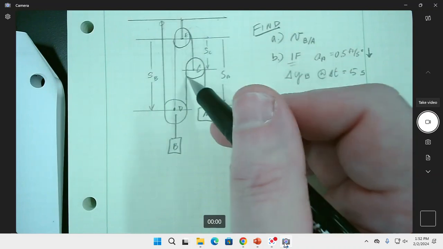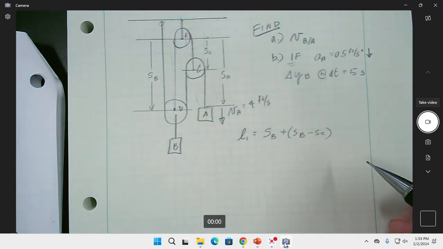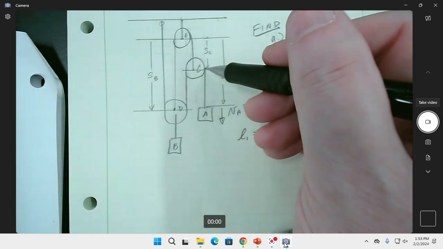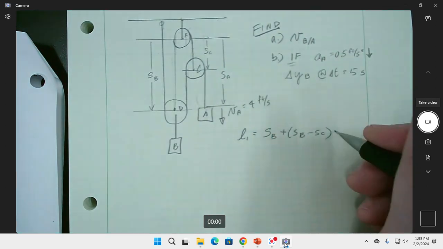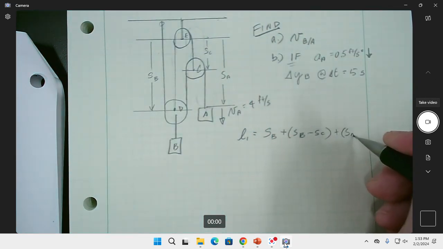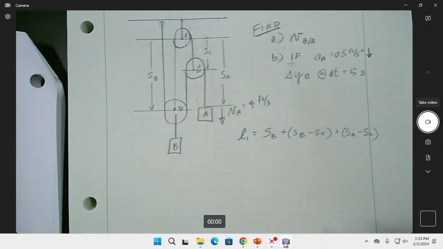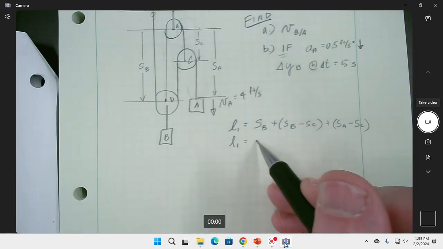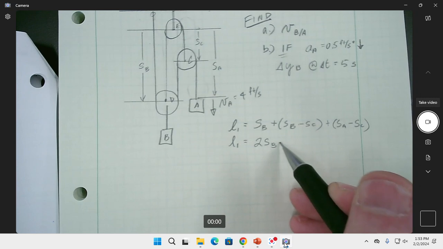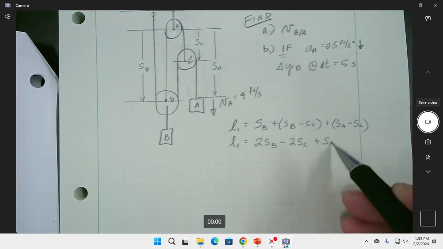Okay. So this distance is going to be that minus SC. And then lastly, we're going to have this, which is going to be SA minus SC. That distance right here. And we don't have to, but let's see, we're going to have 2SB minus 2SC plus SA.